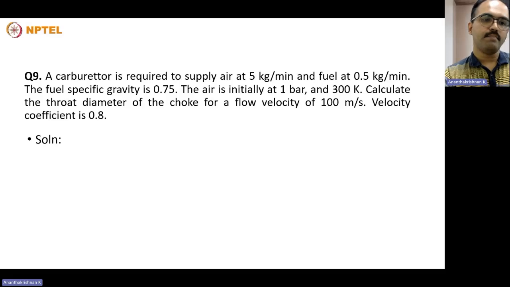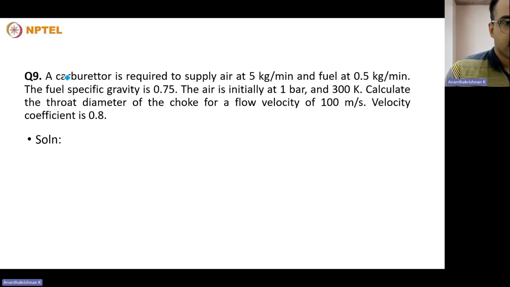In that area, the pressure will be the lowest once the velocity is highest, just use Bernoulli's theorem. Once the velocity is highest at that point, pressure will be lowest, and the pressure gradient from the fuel tank towards the throat area will be high. This will make sure that more fuel will be injected into the airstream. And we can try to tackle the problem in such a way.